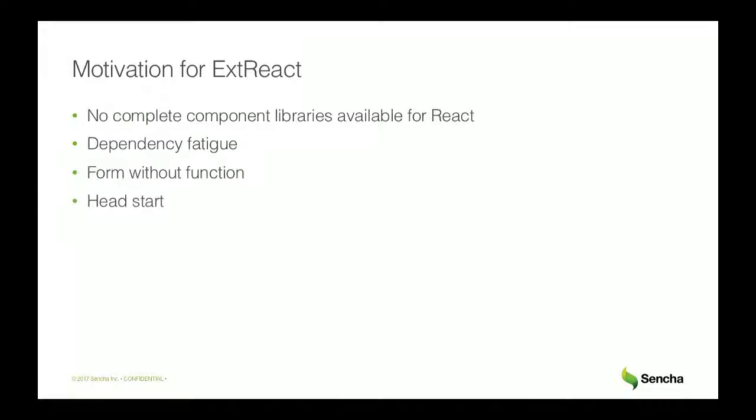We also have this big head start when it comes to publishing a component library. We have all these XJS components ready to go, and what we found out very early on when looking at React and the APIs made available to us is that we didn't need to write our components from scratch in order to be able to give them to React developers. With some fairly simple integration code, we could allow React developers to use these components that are already available, which is great for both Sencha and for our customers.